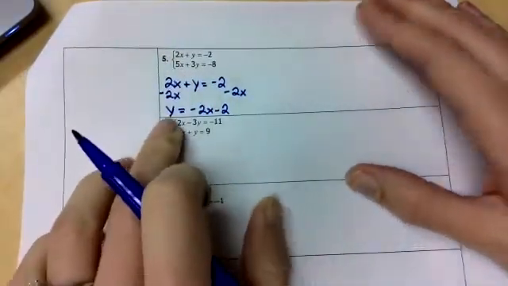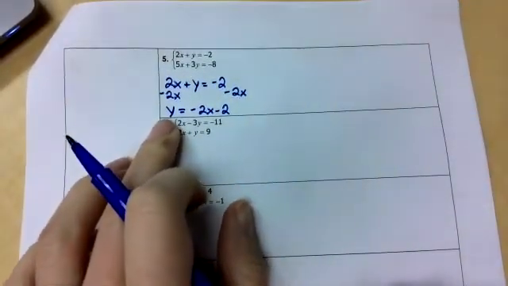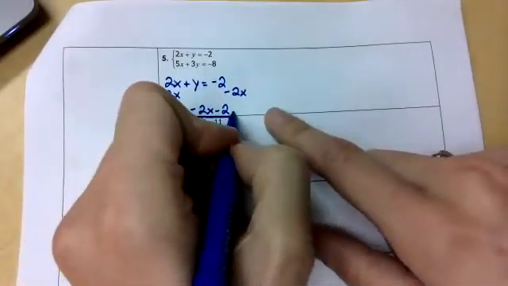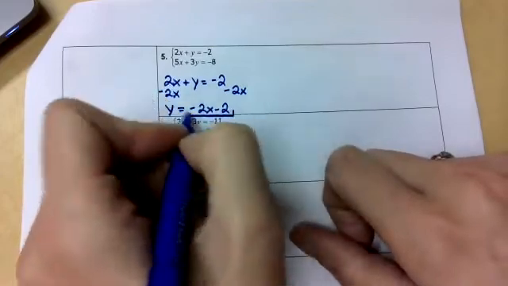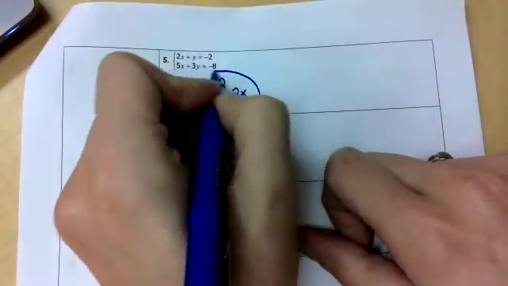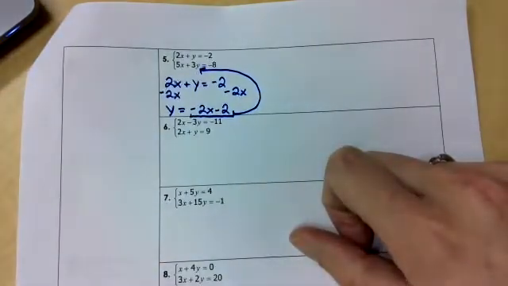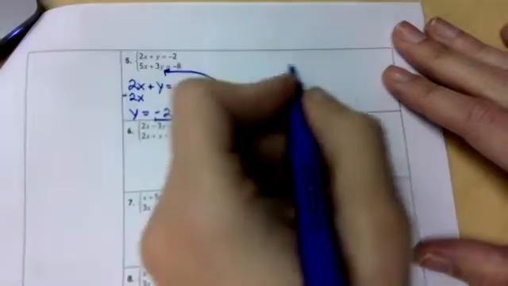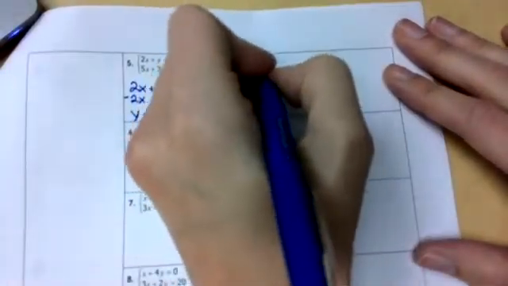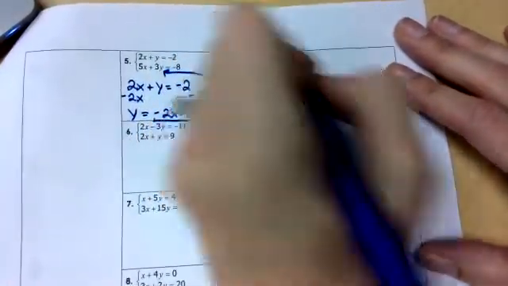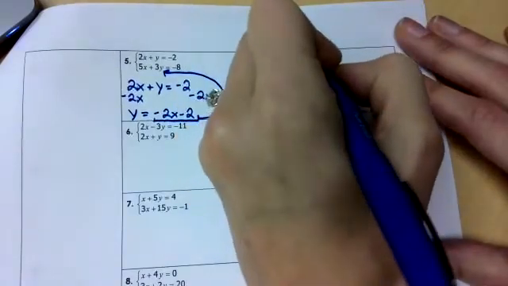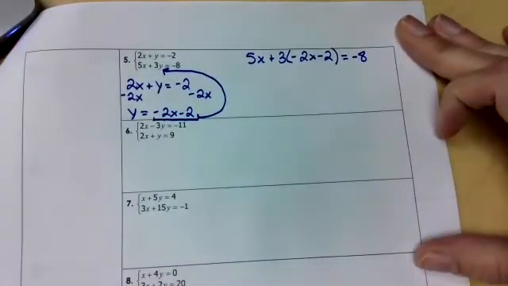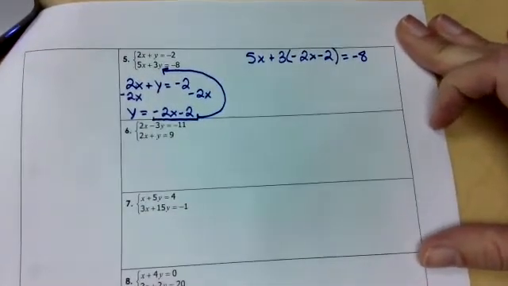Okay, so I solved for y. Now, if y equals -2x minus 2, I can plug -2x minus 2 in for y in the second equation. There we go. And now I'm going to start to solve for x.